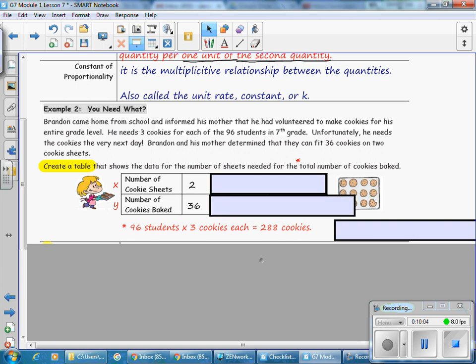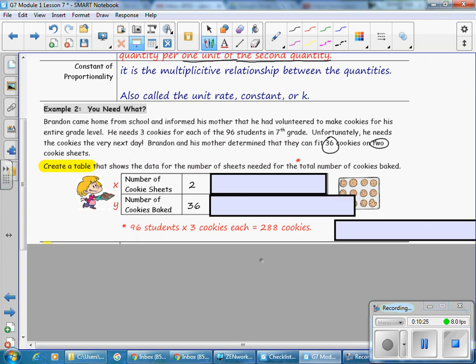So let's look at our table. This is data that's given to us: it says that 36 cookies can fit on 2 cookie sheets. So the number of cookies you can bake is dependent on how many cookie sheets you have. So cookies is the dependent variable.